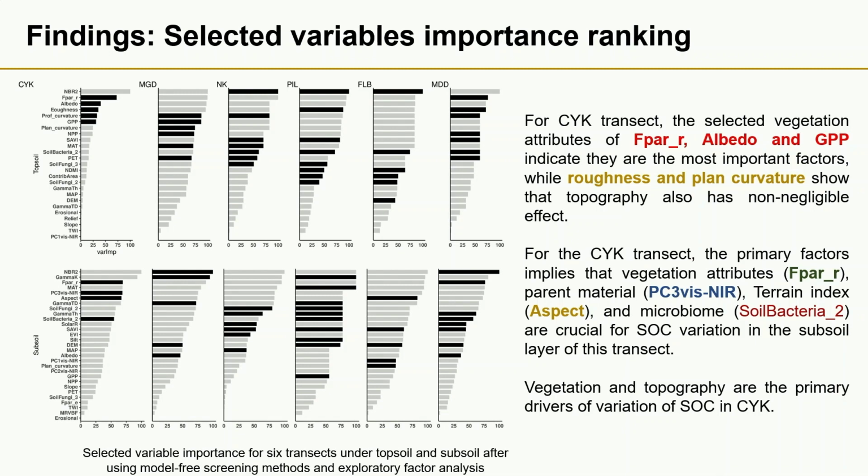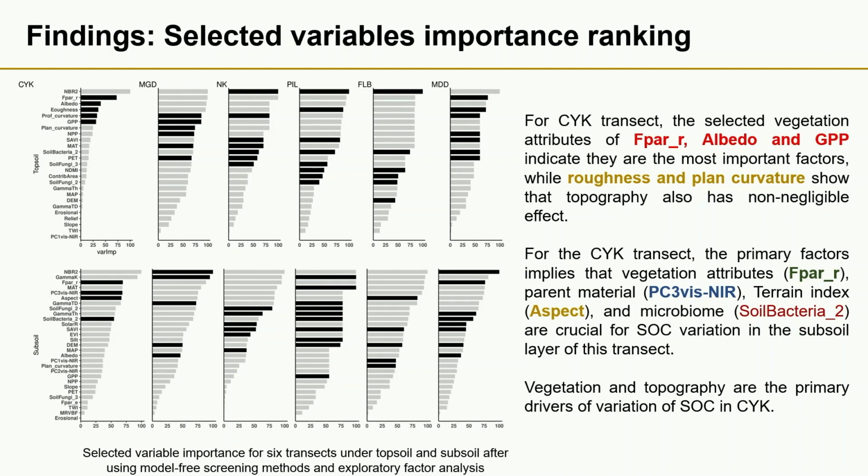For instance, for the Cape York Peninsula transect, the selected vegetation attributes, FPAR, the fraction of photosynthetically active radiation absorbed by vegetation elements, albedo, and gross primary productivity, GPP, are the most important factors, while roughness and plan curvature show that topography also has effects.